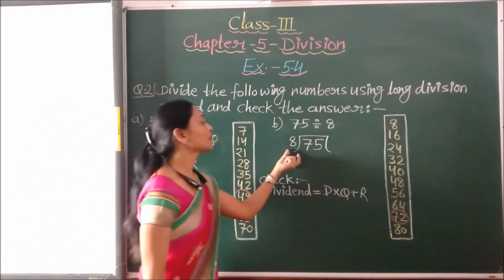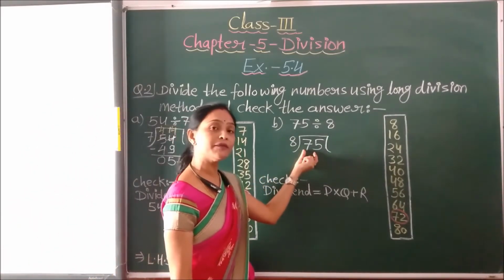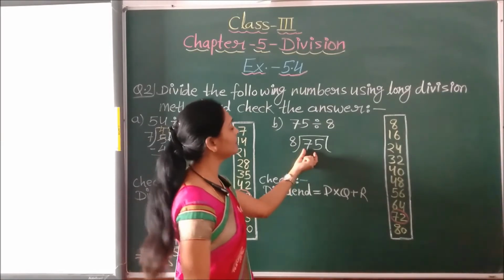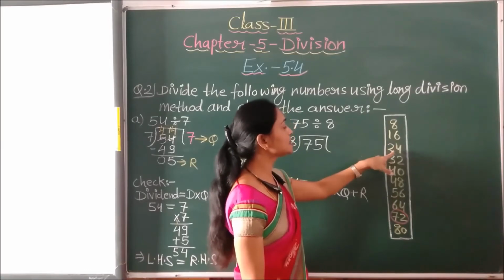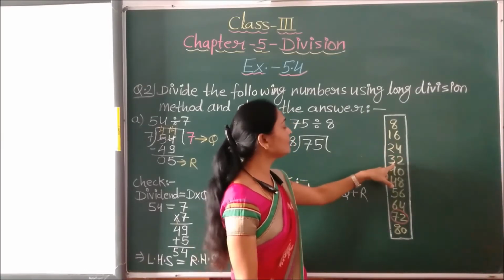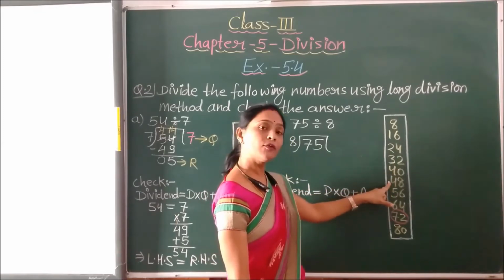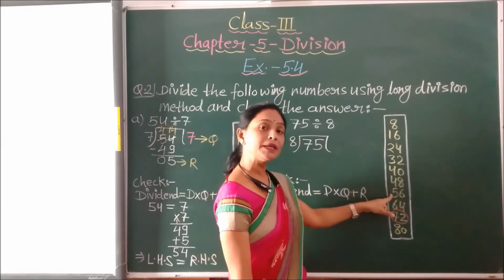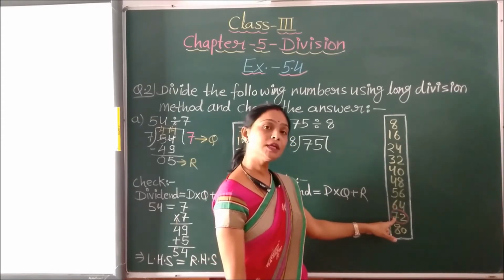Now in the same way we will solve this one also. We will read the 8's table till we get 75 or less than 75. See, 8 ones are 8, 8 twos are 16, 8 threes are 24, 8 fours are 32, 8 fives are 40, 8 sixes are 48, 8 sevens are 56, 8 eights are 64 and 8 nines are 72.